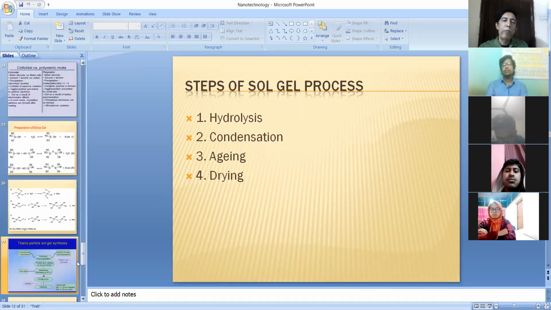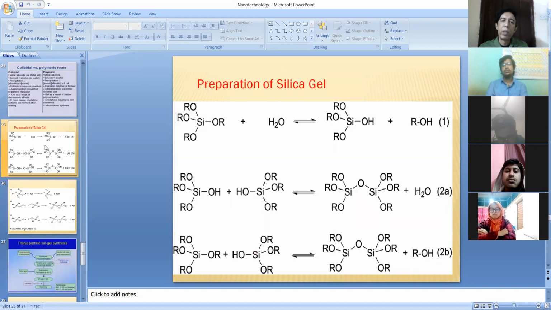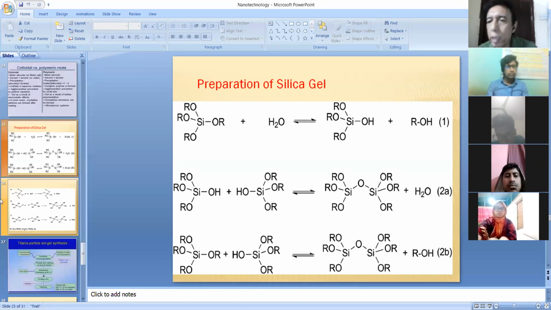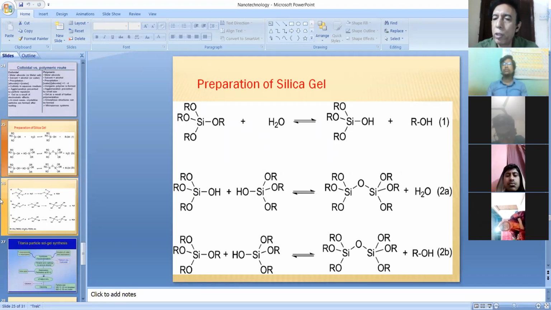So if we see a sol-gel preparation reaction, the preparation of silica gel. Have you heard about silica gel? I think everybody has heard about silica gel.